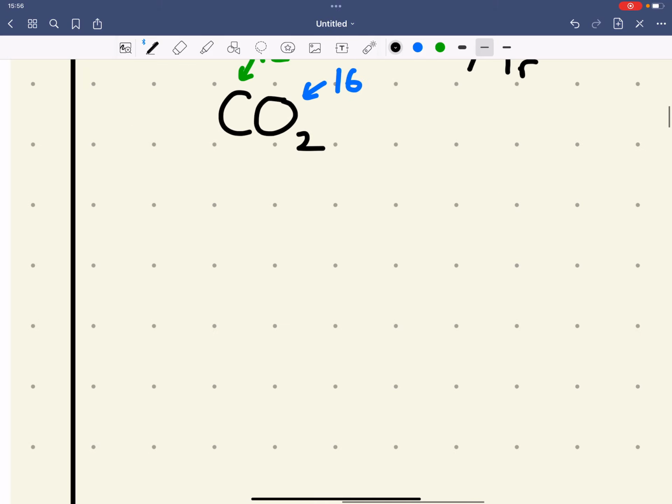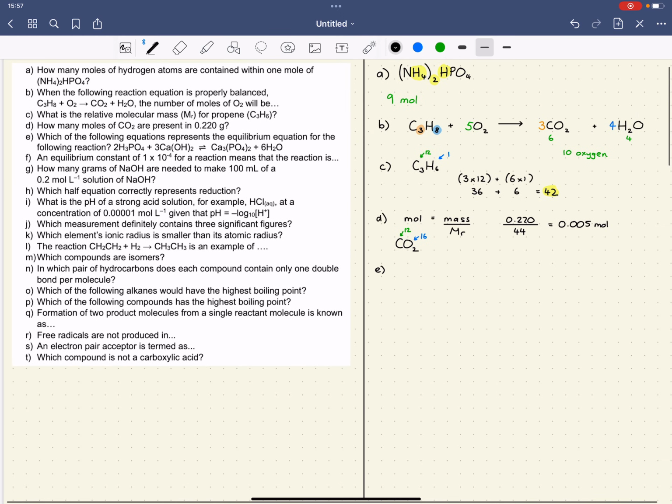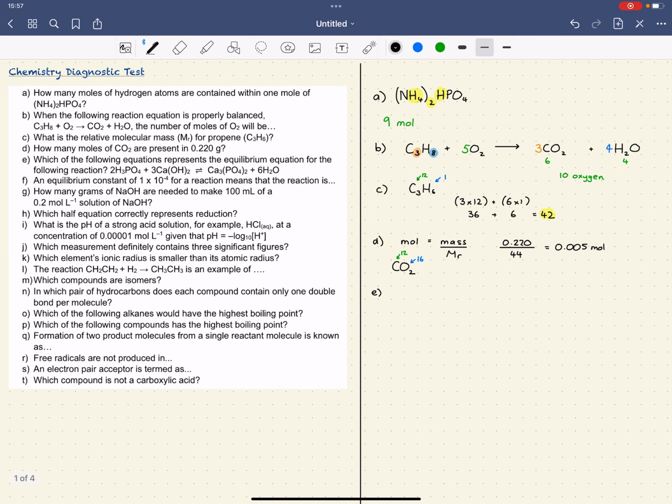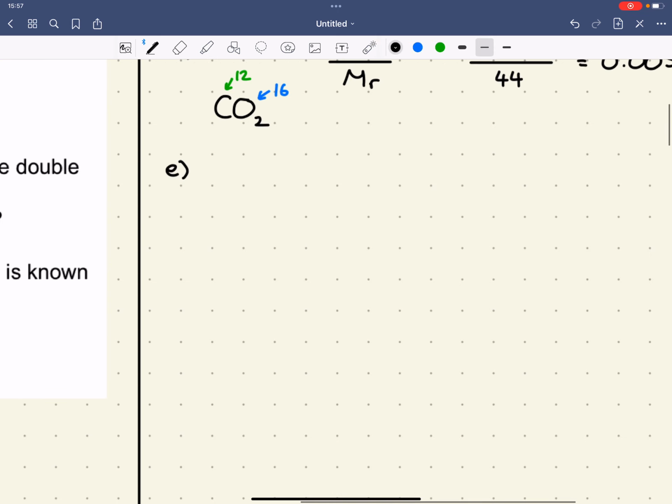Moving on swiftly to question 5, or part E. It then asks us, which of the following equations represents the equilibrium equation for the following reaction? So you've got this reaction here, phosphoric acid reacts with calcium hydroxide to produce calcium phosphate and water. It's a neutralisation reaction.